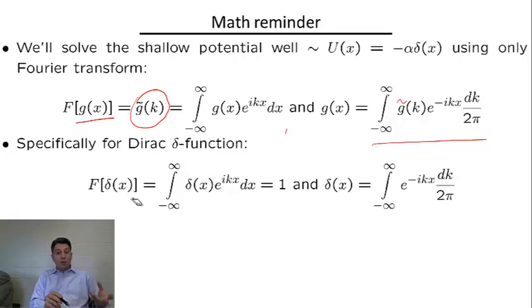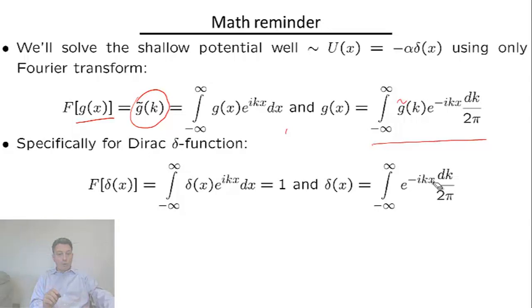Therefore, the Fourier image of the delta function is 1. We can also do the inverse Fourier transform, which gives us the representation of the delta function: an integral from minus infinity to plus infinity of this exponential dk over 2 pi. We have seen it already before, and these identities will be enough for us to solve the problem.